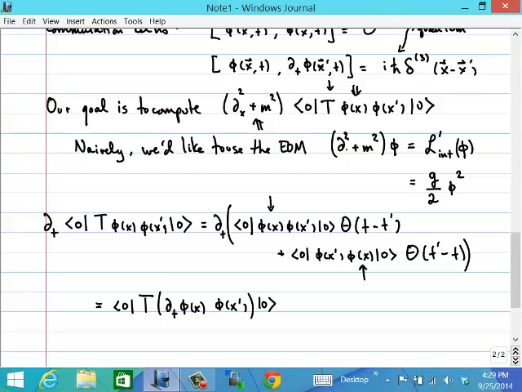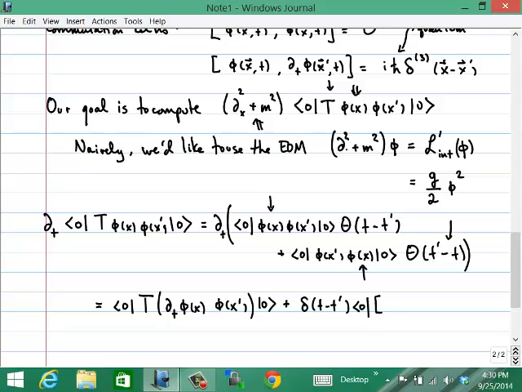There are also terms where the d by dt acts on the theta function. Okay. And what are they? Well, you get a delta of t minus t prime, which is the derivative of the theta function, times the sum of two terms. Well, one of them is phi x phi x prime, and the other is minus, because there's a minus t there, phi x prime phi x.